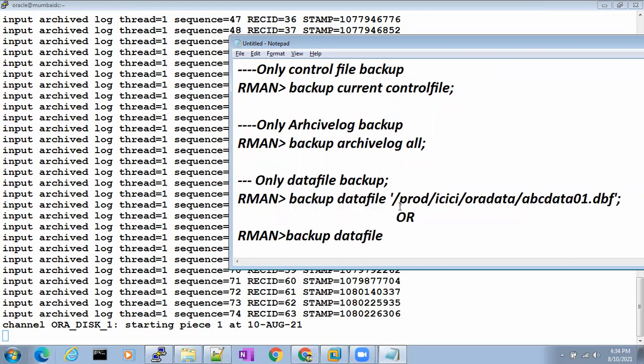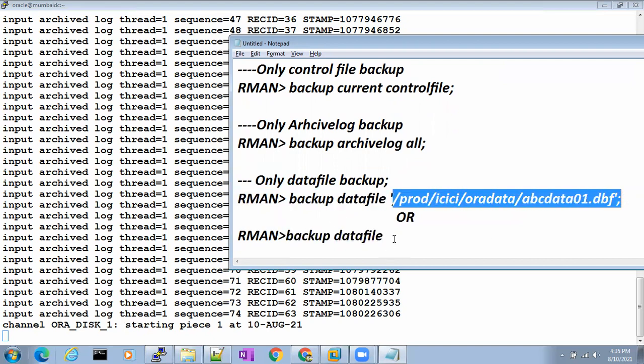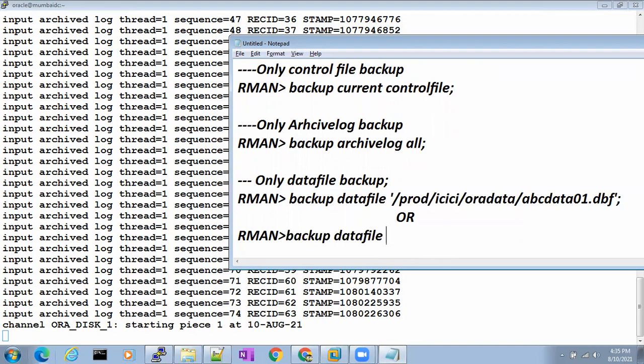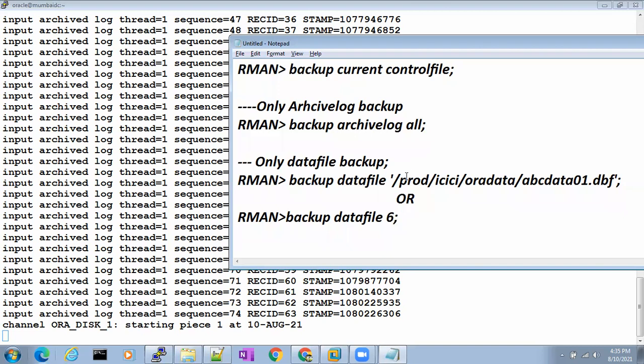Every data file will have a number. If you know the data file number, you can give the data file number also. If the data file number is 6, then you can give backup data file number 6. If it is 7, give data file number 7. If it is 8, give data file number 8, like that.